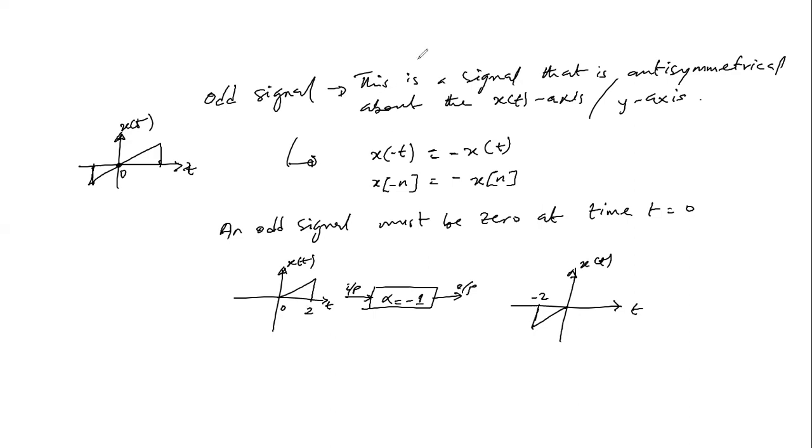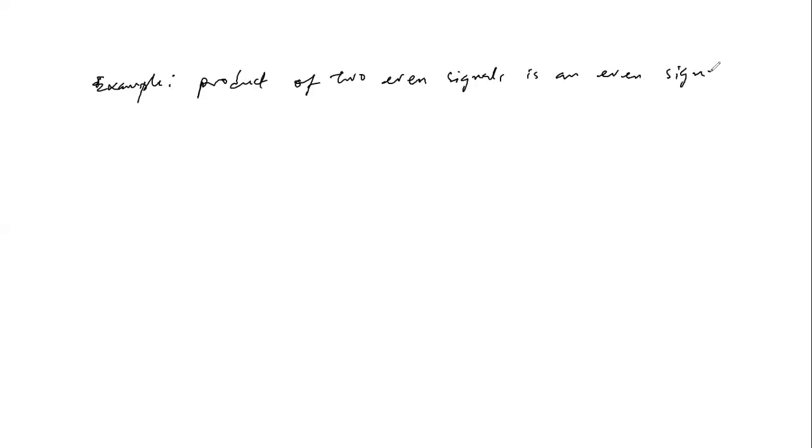So let us consider some more examples. Now we want to show that the product of two even signals is an even signal. So let S of t be the same as S1 of t times S2 of t.